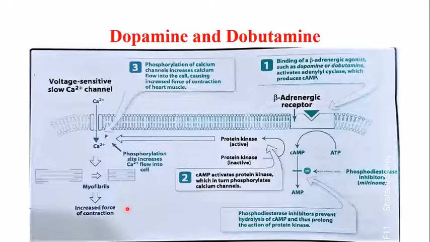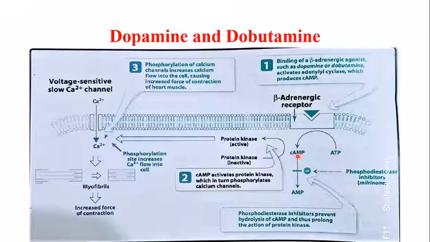This is the mechanism of action of the beta adrenergic agonist drugs, dopamine and dobutamine. Basically, these are beta adrenergic agonist drugs. They act at the beta adrenergic receptors, and this will activate the production of cyclic AMP from ATP. If the cyclic AMP level is increased, what happens?